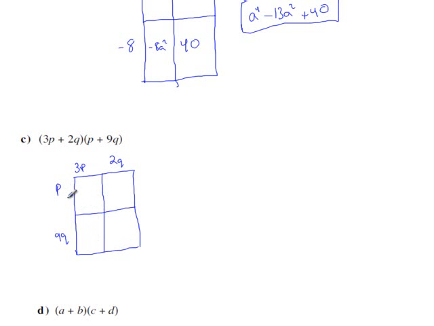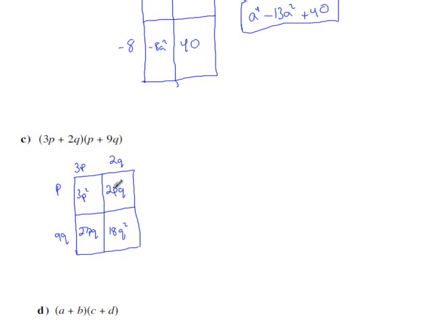So 3p times p, I get 3p squared. 2q times p, I get 2pq. 3p times 9q, 3 times 9 is 27, so we get 27pq. And last but not least, 2q times 9q is 18q squared.